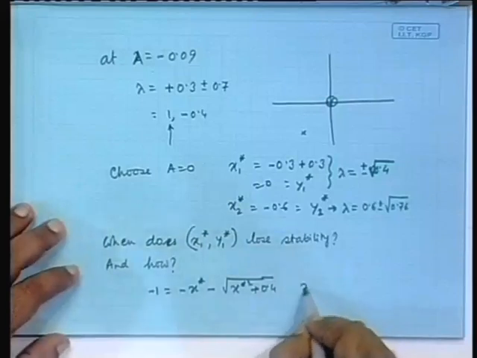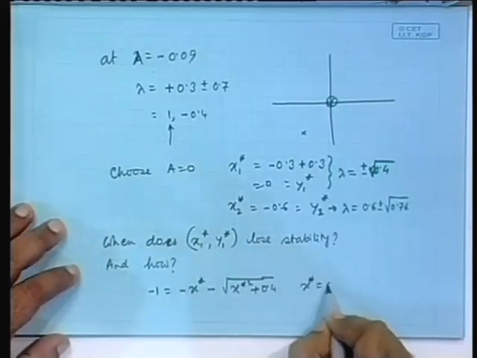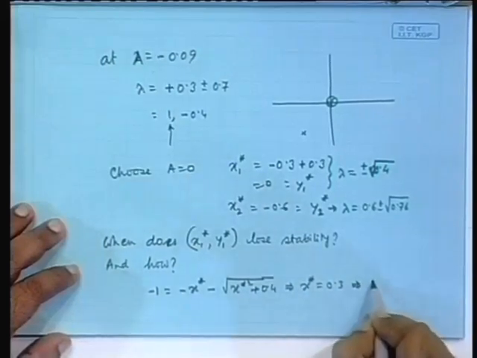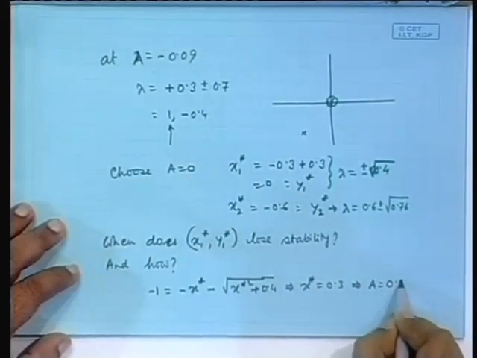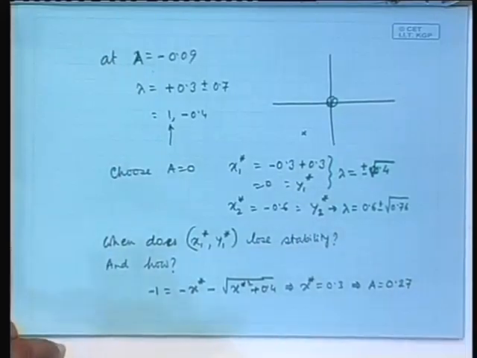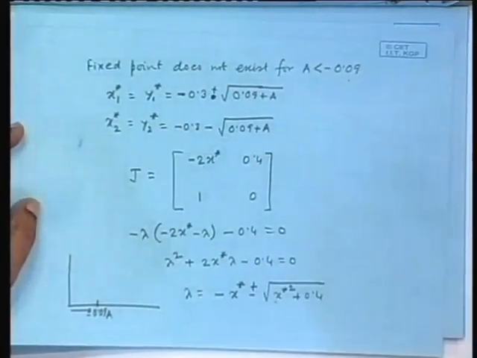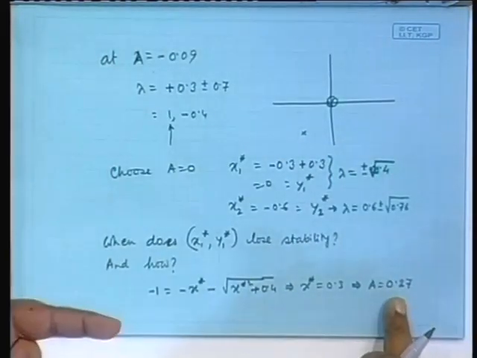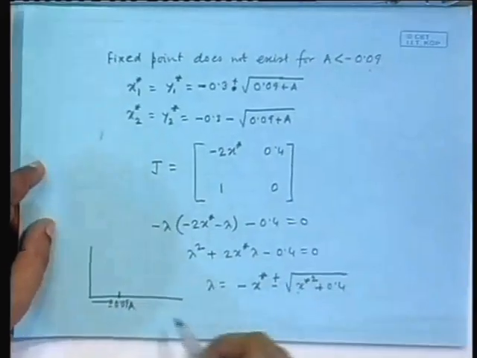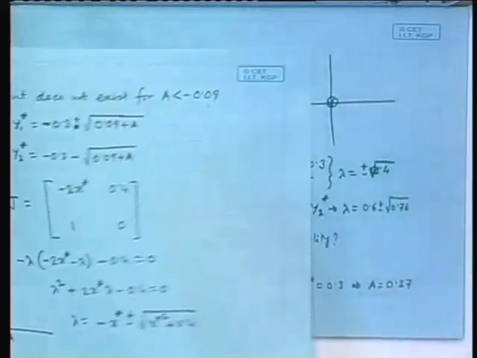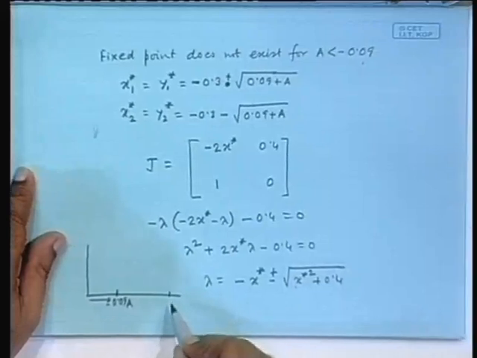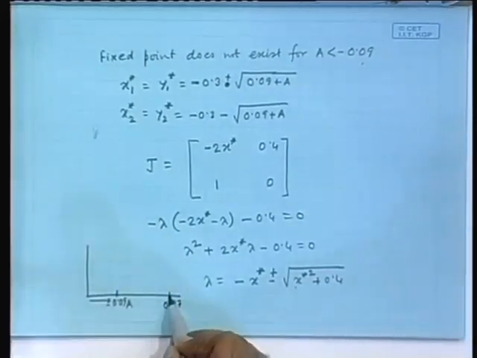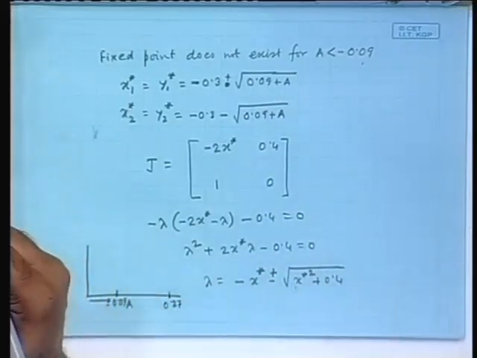So, x star is equal to 0.3, and that tells you a is equal to, okay, referring back here. So, you know that as you change the parameter further, at 0.27, the other phenomenon will happen where one eigenvalue reaches -1.